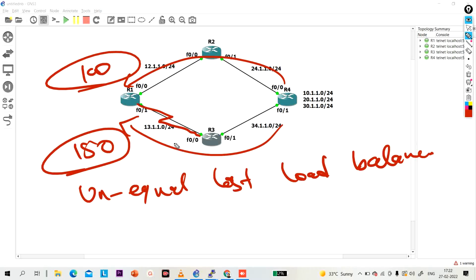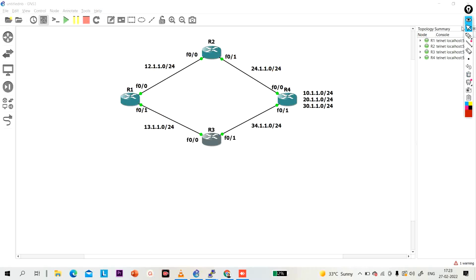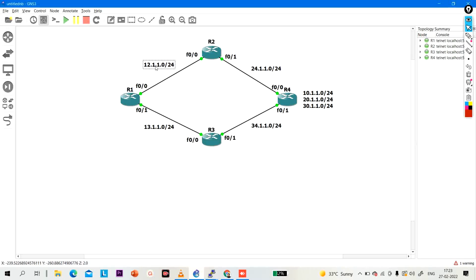So first of all, we will discuss how R1 will perform equal cost load balancing. Then I will show you how router 1 will calculate unequal cost load balancing. So first of all, let me show you the IP configuration. Between R1 and R2, I am running the network 12.1.1.0/24.